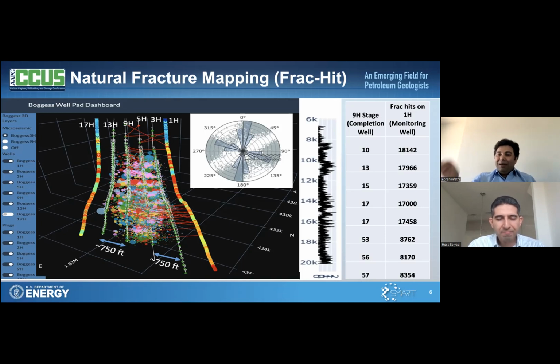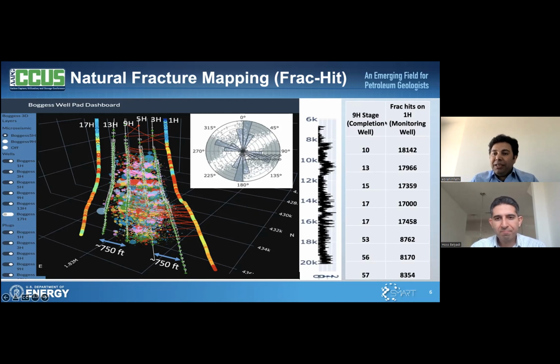I have a displacement, the microseismic shows it's there, and it's a very highly fractured area. So connect the dots. This is basically how we went along all these 11, 12,000 feet of lateral when we are completing every single one of these wells.